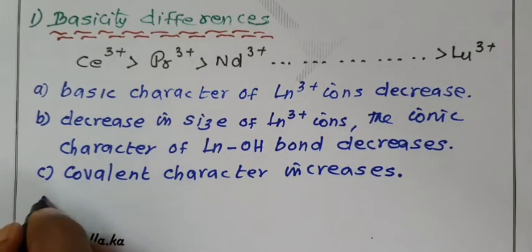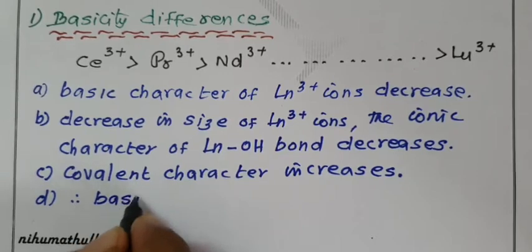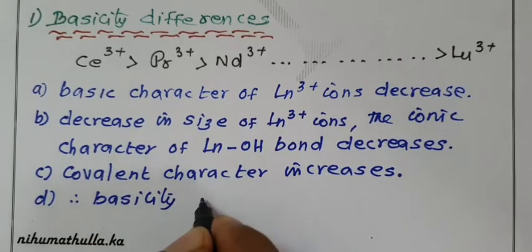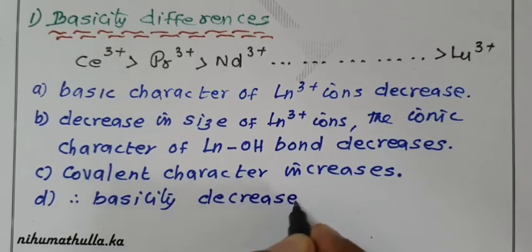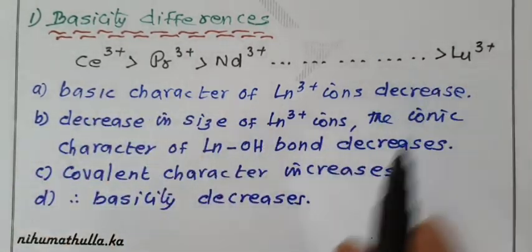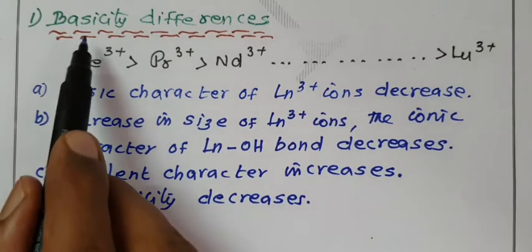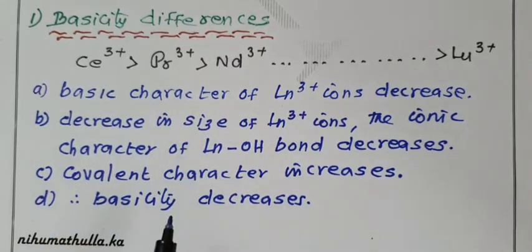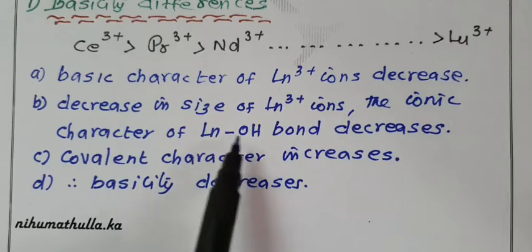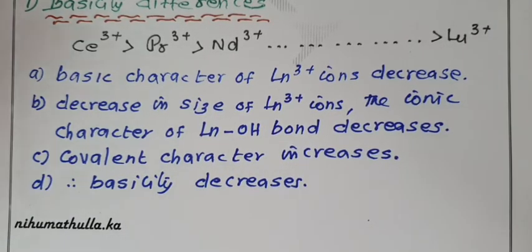Therefore, basicity decreases from cerium 3+ to lutetium 3+. So, the first consequence of lanthanide contraction is basicity difference. Three points we have discussed, where this bond is present: Ln OH.